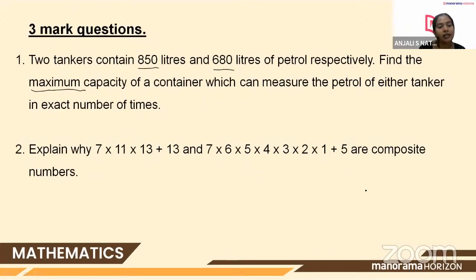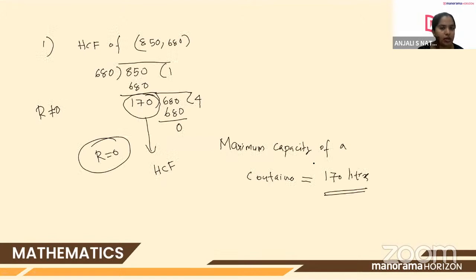Explain why the numbers 7 into 11 into 13 plus 13 and 7 into 6 into 5 into 4 into 3 into 2 into 1 plus 5 are composite numbers. We have to prove these numbers are composite numbers. So we can write the first number, that is 7 into 11 into 13 plus 13.